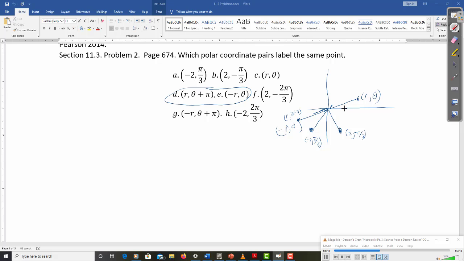So negative 2 pi over 3 would be a pi over 3, and then straight out would also be 2, so 2, negative 2 pi over 3. So this one and this one are the same. Negative r, theta plus pi: theta plus pi is this one, but then negative r takes us back out here. This is a negative radius, so negative r, theta plus pi.